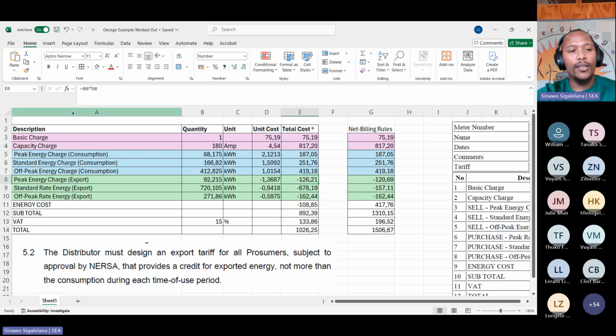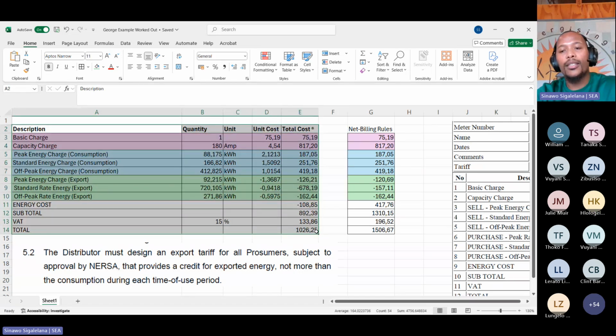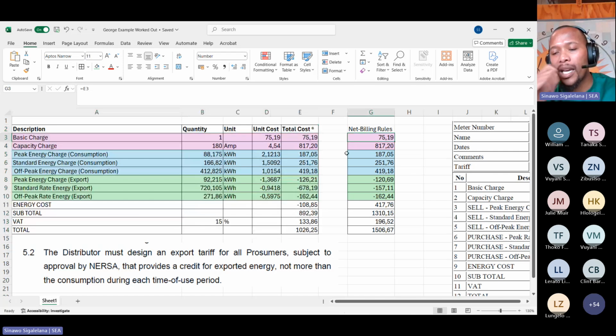Okay. So on the left here, colleagues, these are the calculations from the actual bill. I didn't change anything there. Then here I said, what if I calculated the cost based on my interpretation of the rules? The rules say, let me quote them: provide a credit for exported energy, not more than the consumption during each time of use period.